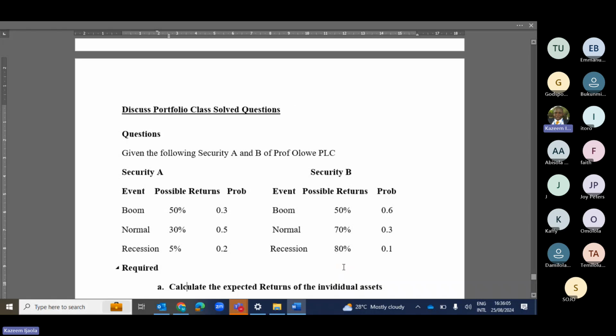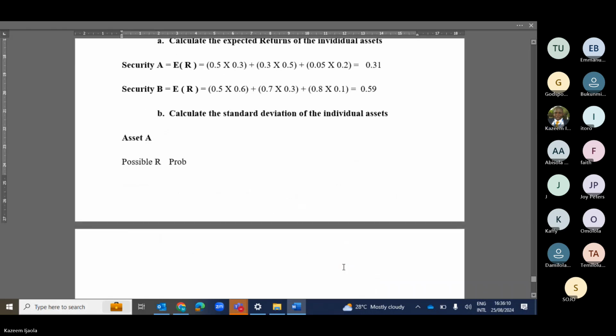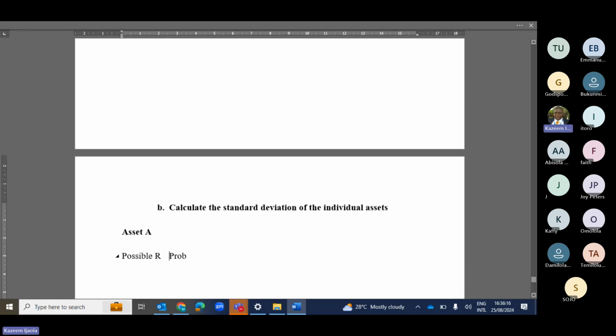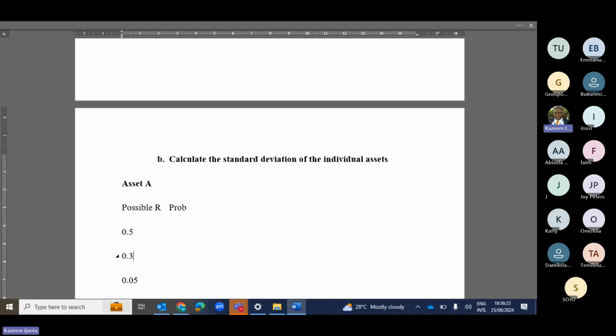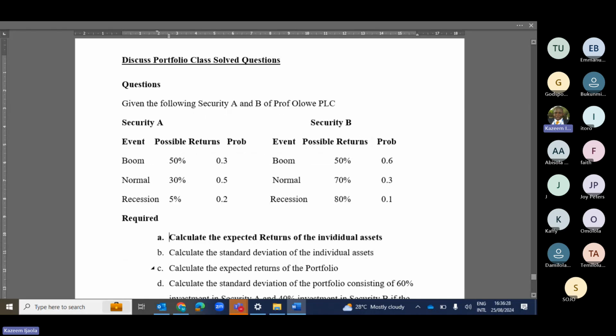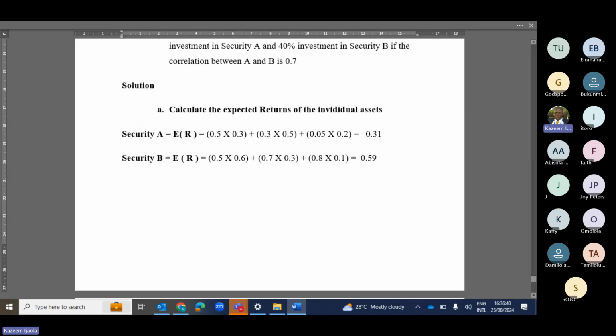For asset A, we have 50, 30, 5, so that's going to be 0.5, 0.3, and 0.05 for asset A. Then what's the probability attached? 0.3, 0.5, and 0.2. I hope I'm correct. So this is the probability that is attached now.